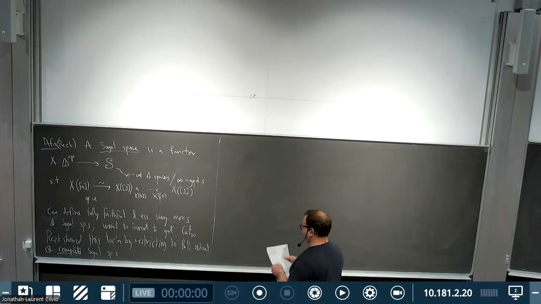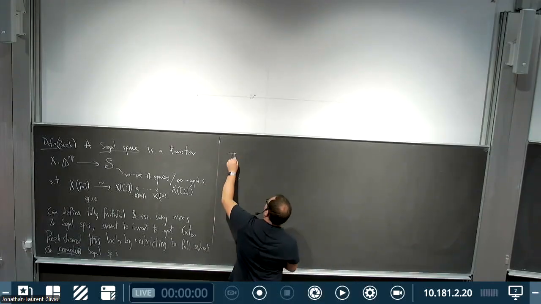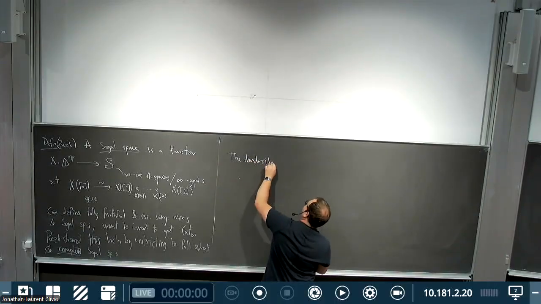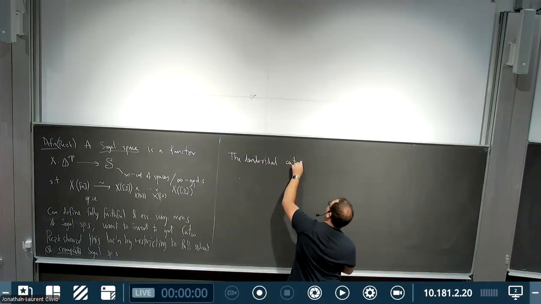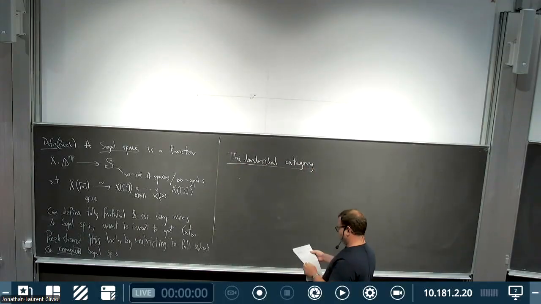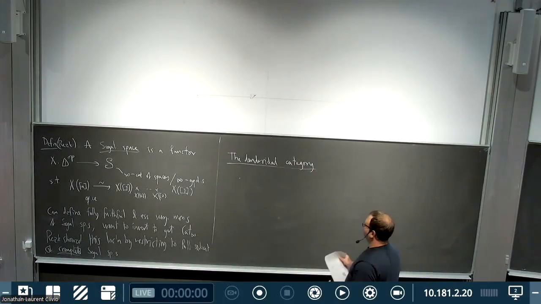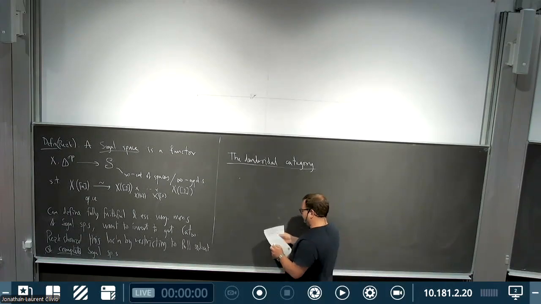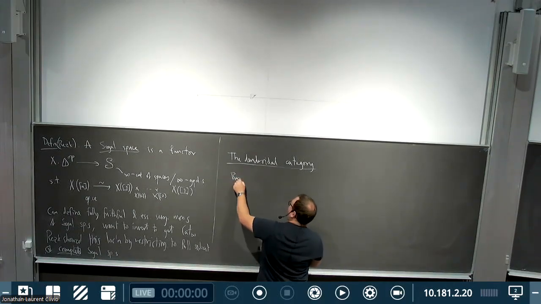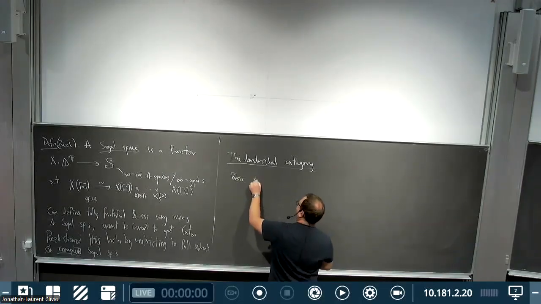So now I want to define the so-called dendroidal category. This points at the basic composable shapes for an operad.